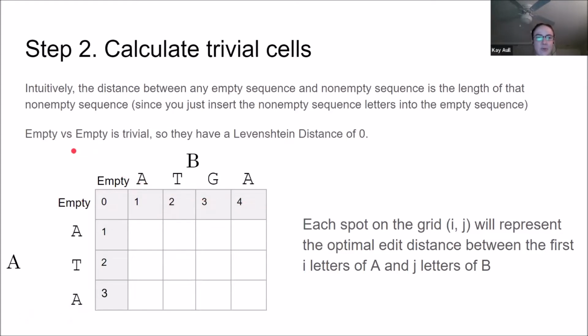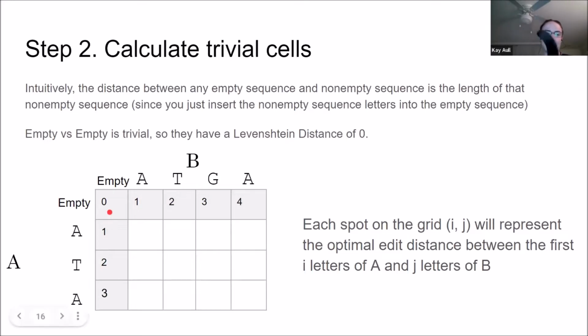And the only portion where it starts to become interesting is how do you get to this next value? So you can say, okay, I'm starting from this alignment where I've taken my A, but I've not taken anything from my B sequence. And so I'm already starting at an edit distance of 1.